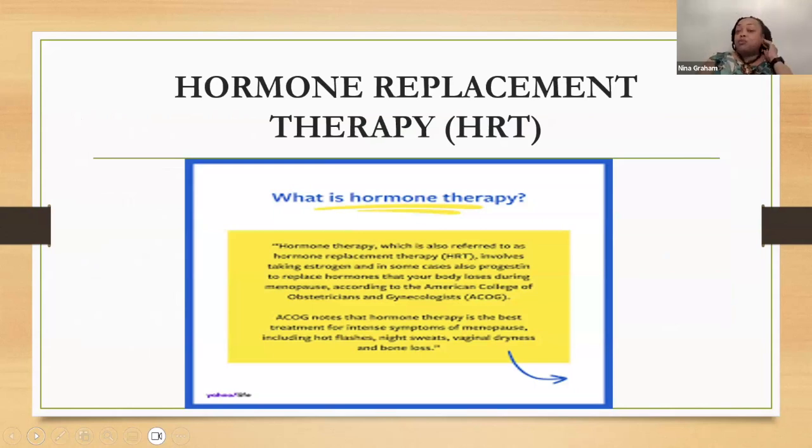Now, back in the day, hormone replacement therapy was a no-no, but according to the WHI study, they have found that the study was a little skewed, and they used synthetic hormones, basically taken from horse urine.